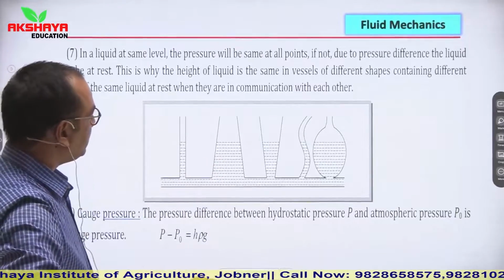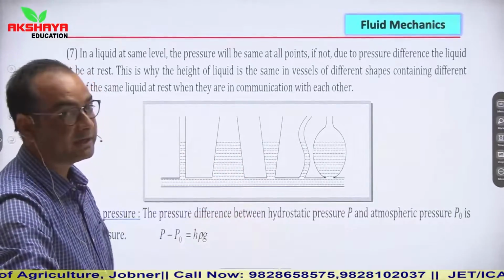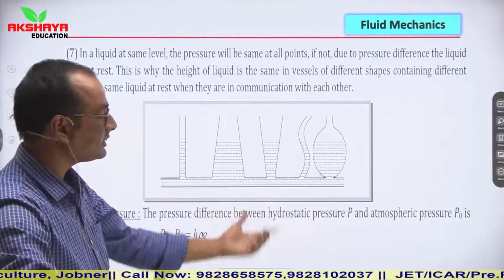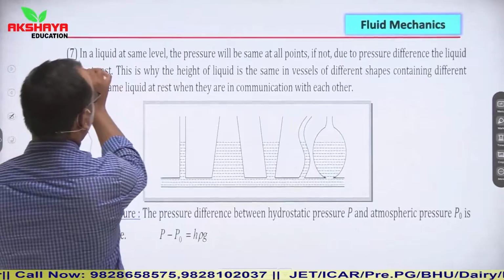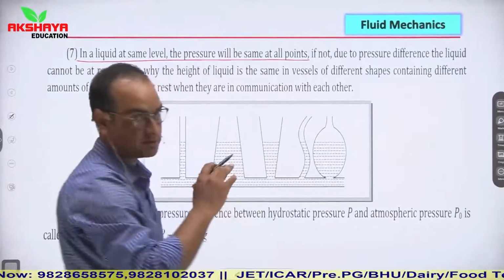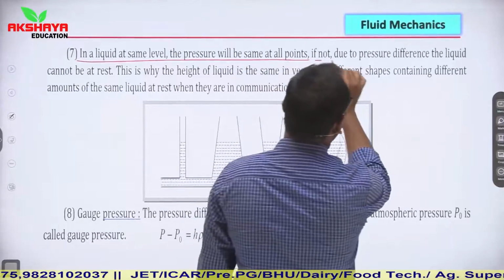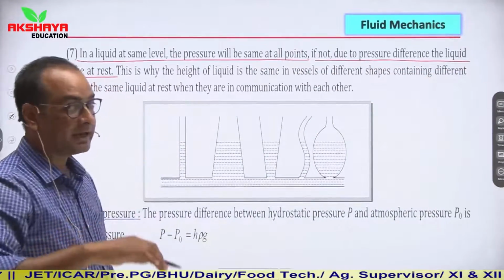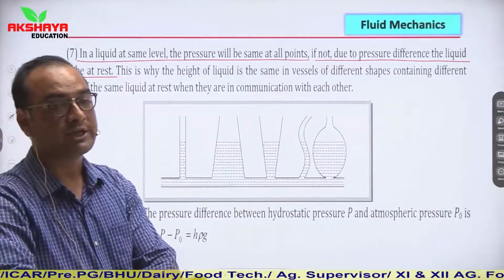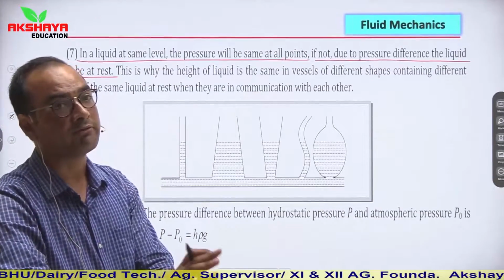Now see, here also we have containers of different size and shape which are connected with each other. So we can say, in a liquid at the same level, the pressure will be the same at all points. We have discussed it in the previous slide. If not, then due to pressure difference, the liquid cannot be at rest. If the pressure is not the same, then due to pressure difference there will be motion of liquid.